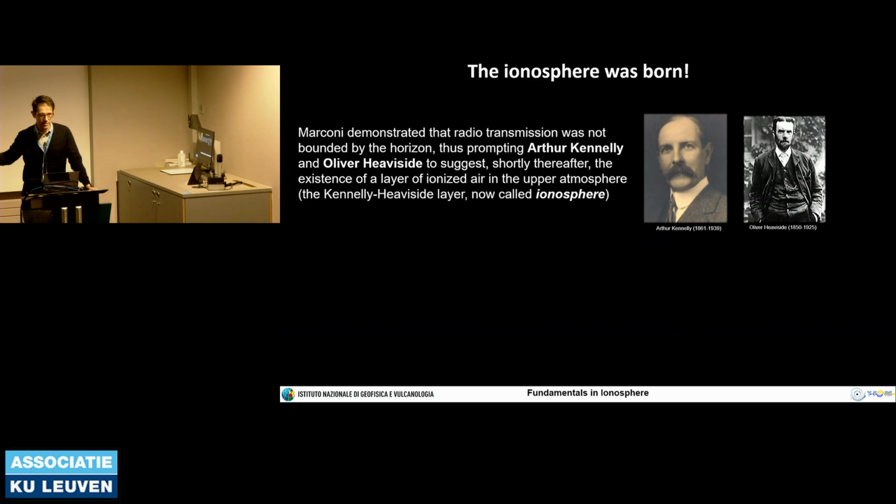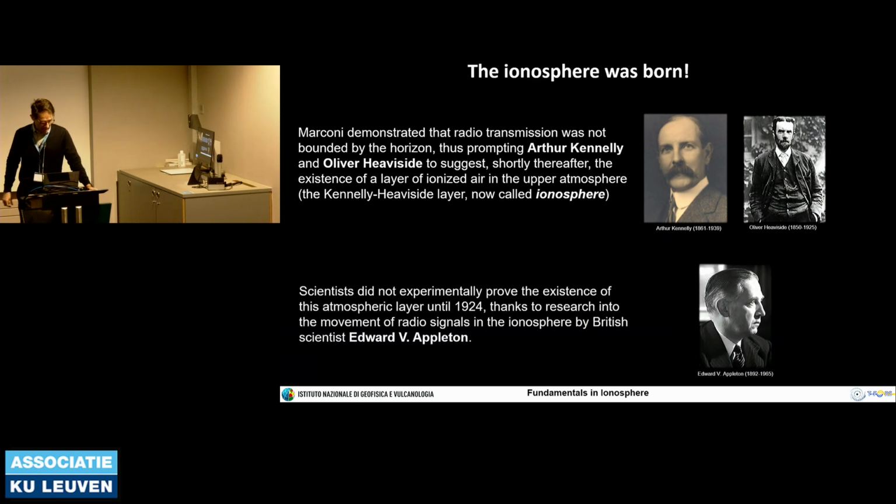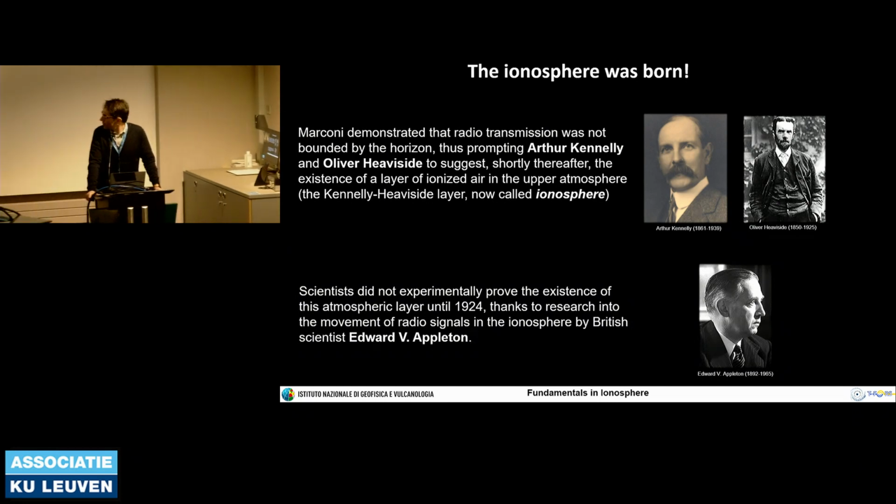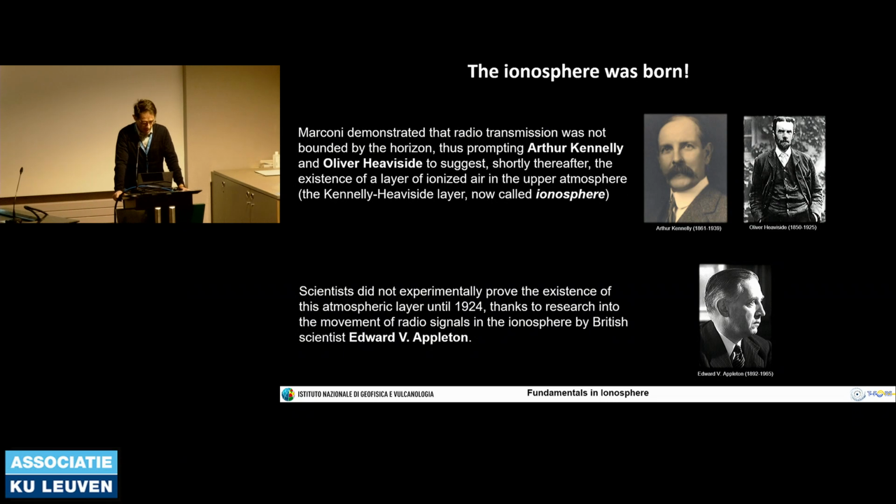Now we call that the ionosphere. And the existence of the ionospheric layer was not proved until 1924, thanks to the research of Edward Appleton. Okay? So this is a little bit of the framework of the history of the ionosphere.